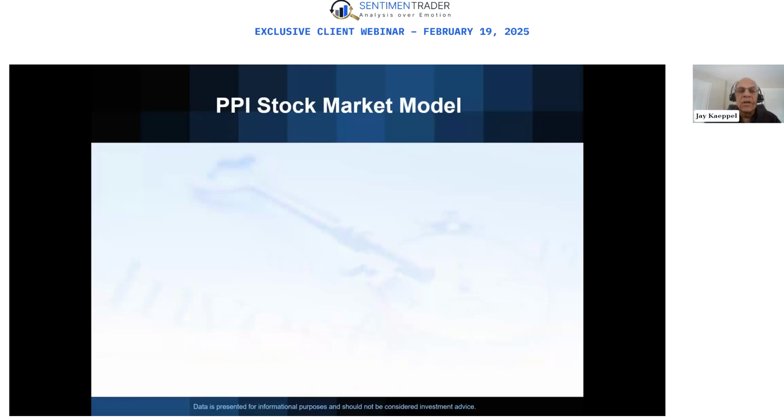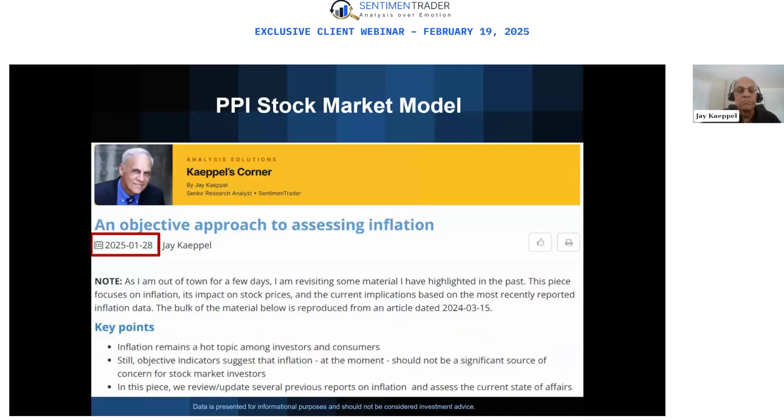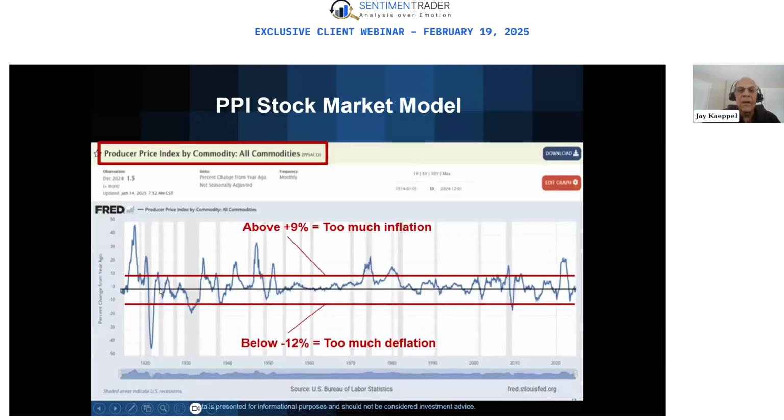Let's move on to inflation, the PPI, Producer Price Index stock market model. And the goal here is to objectively label inflation as favorable or unfavorable. If you want more information on this, I wrote a piece in late January. And so let's take a closer look at the model.